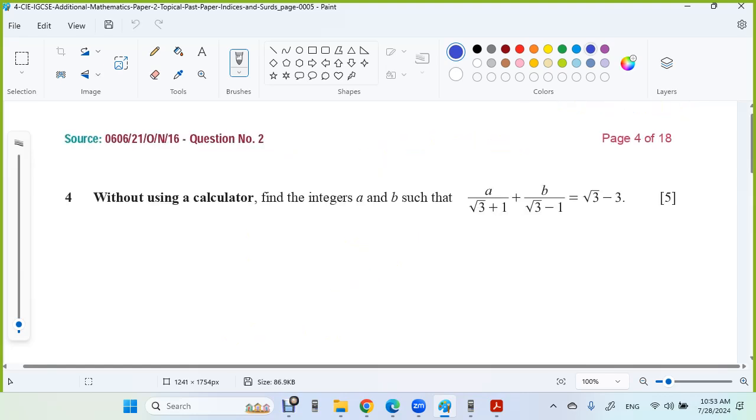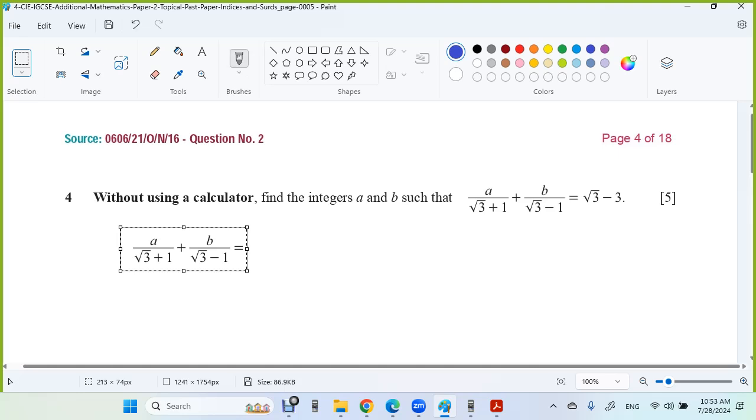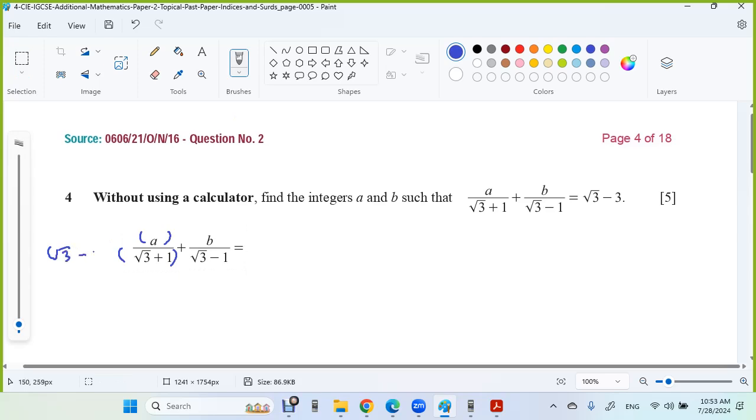Question number 4. Find integer a and b such that this one is equal to this. So we have this one. We rationalize the denominator. So this I multiply with the square root 3 minus 1, and this I multiply with the square root 3 plus 1.